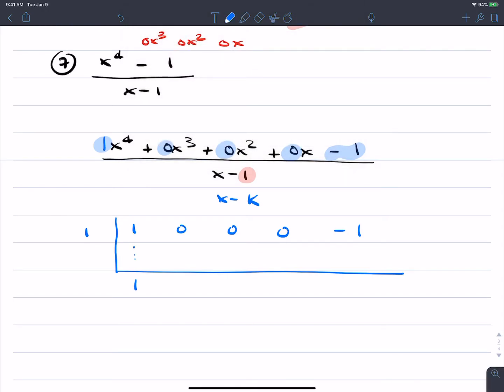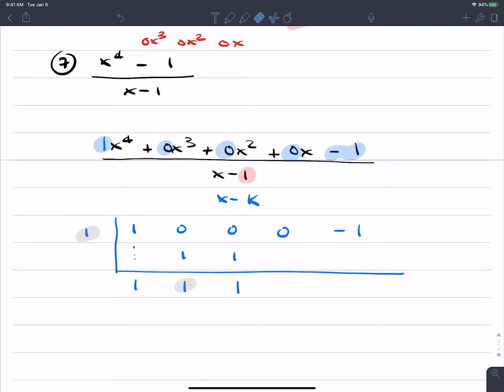Bring down the first number, and multiply. So 1 times 1 is 1. We put the answer here. 0 plus 1 is also 1. We repeat the process. 1 times 1 will be 1. 0 plus 1 gives us 1.